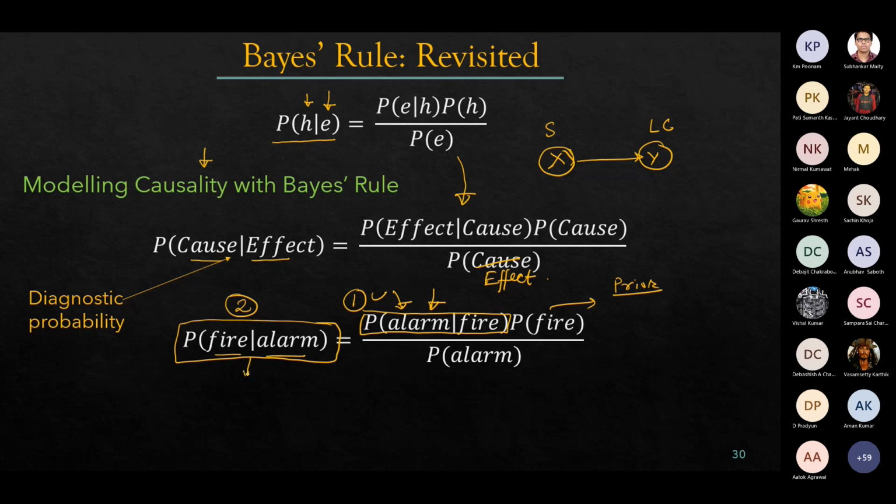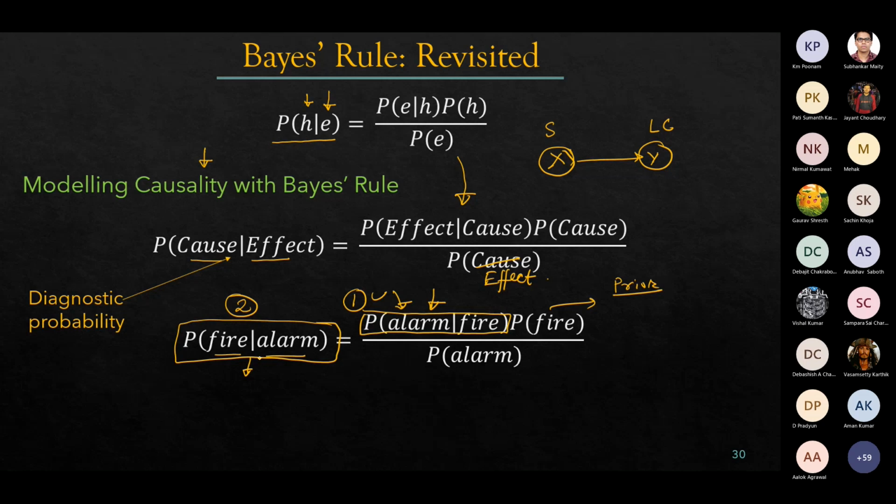But this is the kind of dynamic event. There might be a fire or there might not be a fire. The incident is that the alarm has rung and you want to predict whether there is a fire or not. The alarm may ring based on different situations. Maybe someone has tampered with the alarm, or the alarm is malfunctioning.